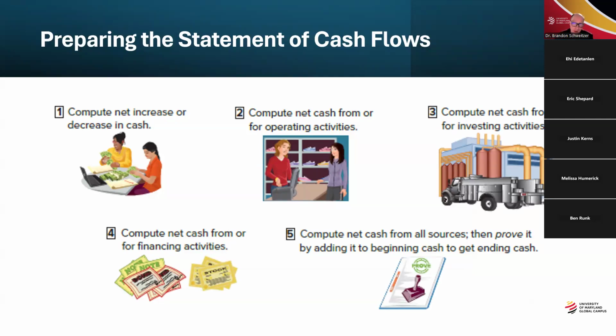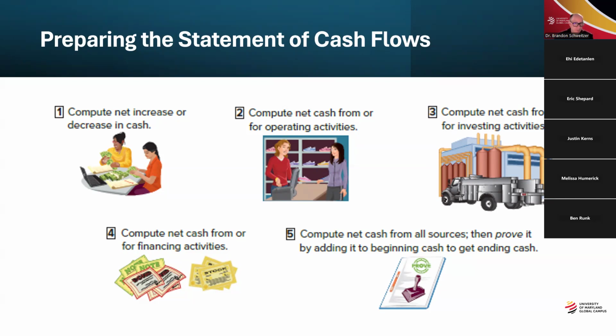When it comes to preparing the statement of cash flows, companies follow these 5 steps. The first thing they do is compute the net increase or decrease in cash. The second thing companies do is compute the net cash from or used by operating activities. So the cash coming into the business minus the cash going out of the business for operating activities.